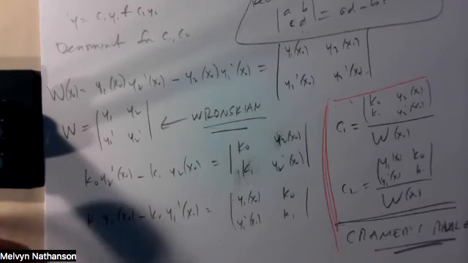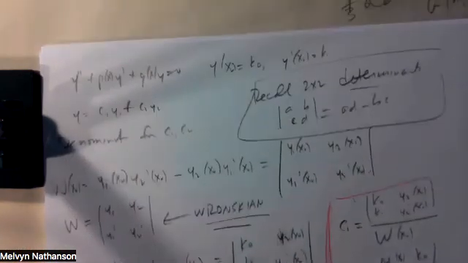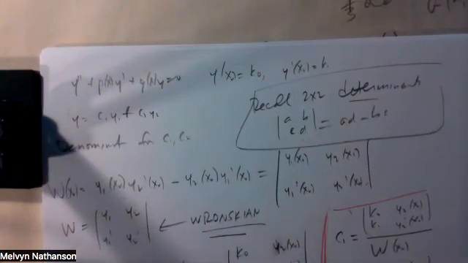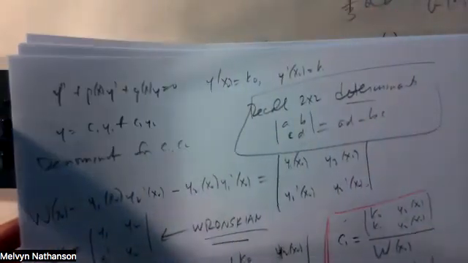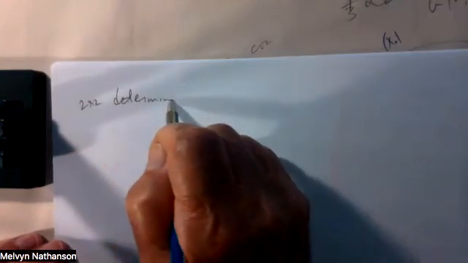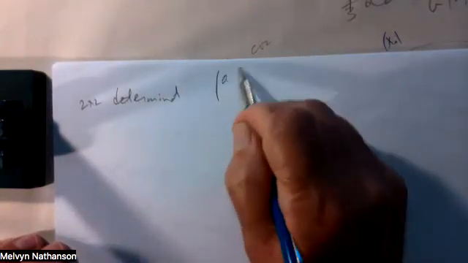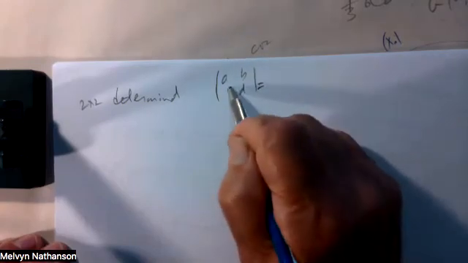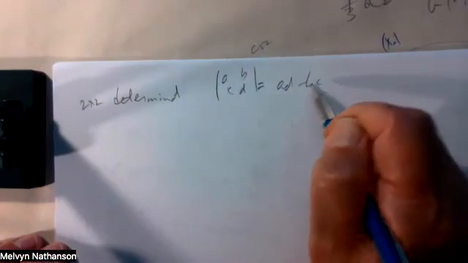All right, so this is perhaps a lot to chew over at one time. Let me just review what I said. So you have to know the notation for a 2 by 2 determinant. A, B, C, D, this is defined to be AD minus BC.